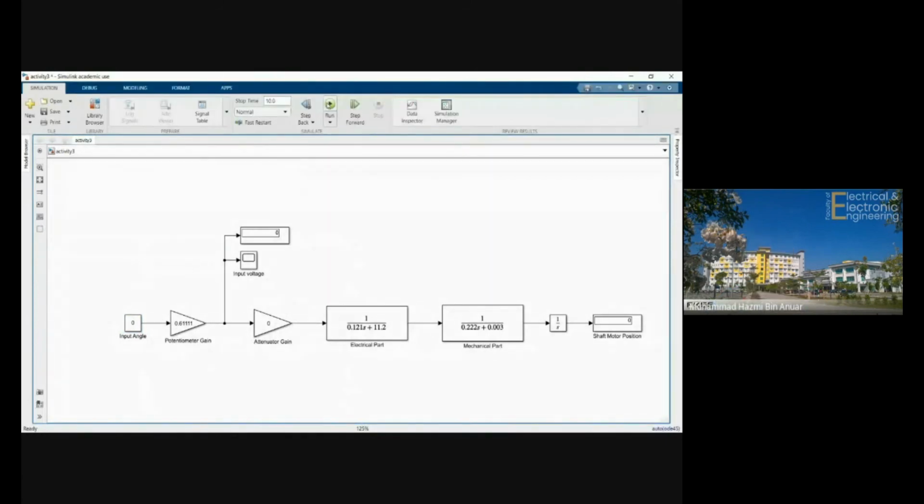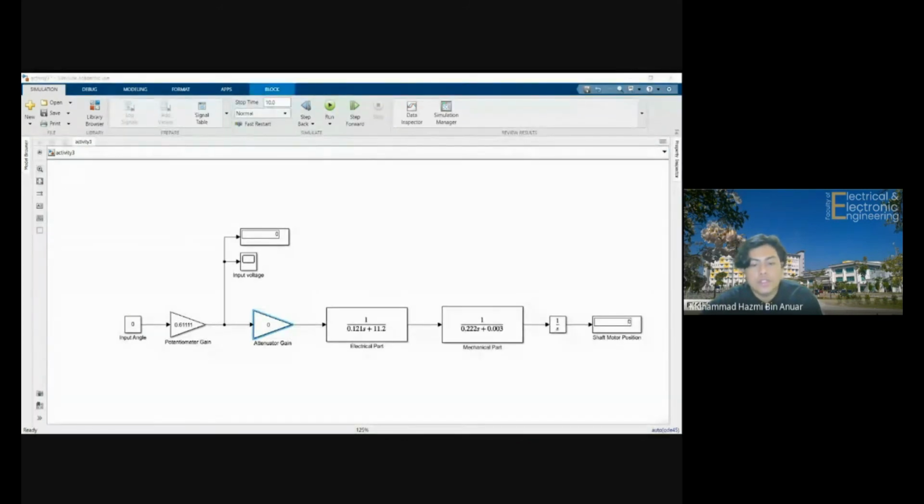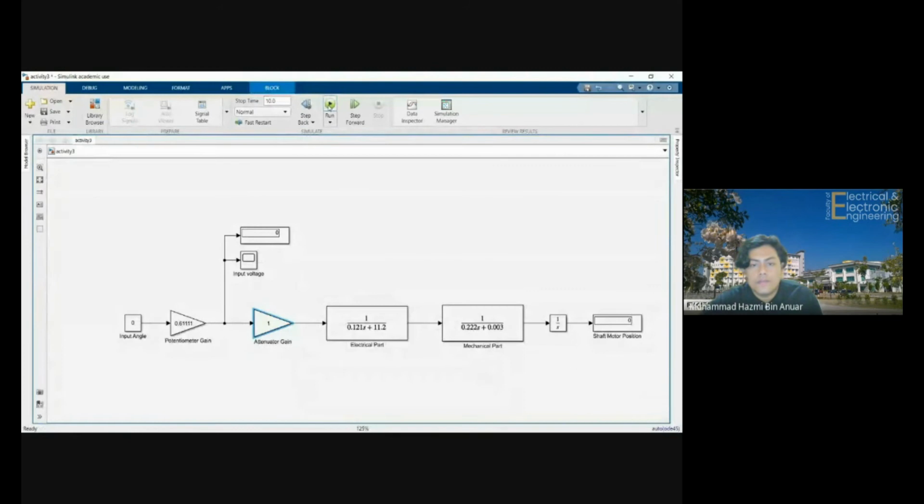When we run it, the value of the shaft motor position is 0. Change the value of the attenuator gain to 1. Still didn't change. 2. Still didn't get any value.